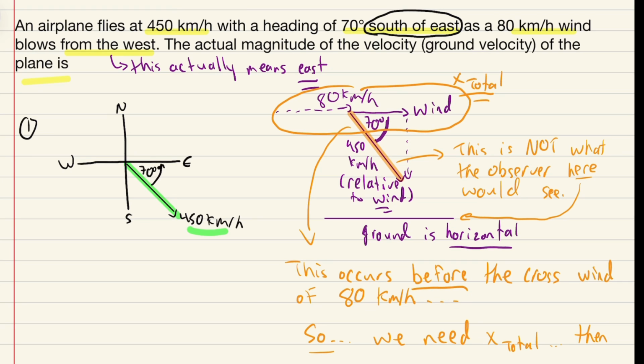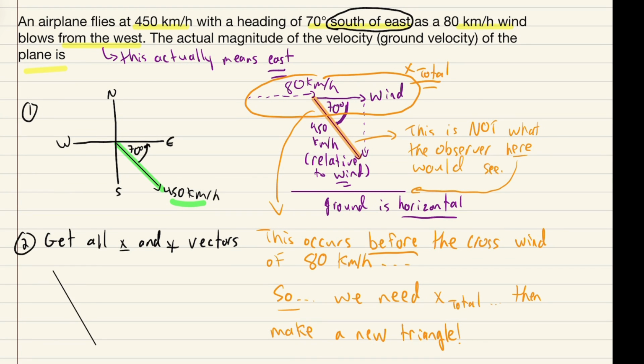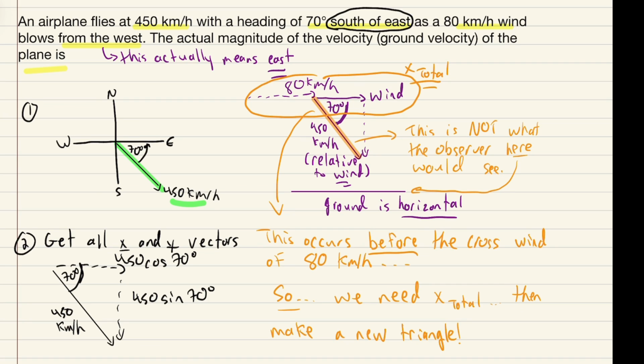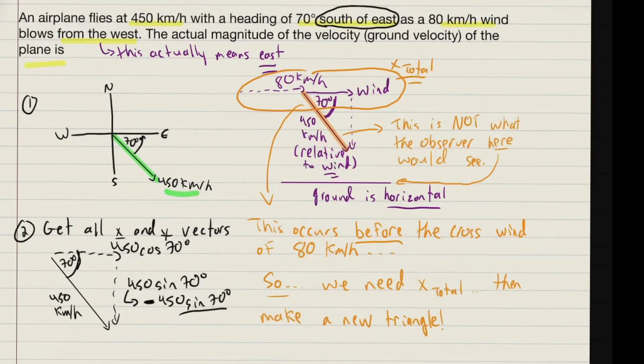Keeping in mind that the 80 kilometers per hour is actually relative to the ground, or how an observer would see, or how fast the wind would be blowing according to an observer. So when I take that vector that's given, which is relative to the wind, I'm going to get the x direction relative to the wind and the y direction relative to the wind. And using a little bit of trigonometry, we're going to mark the y direction as negative because it's pointing south.